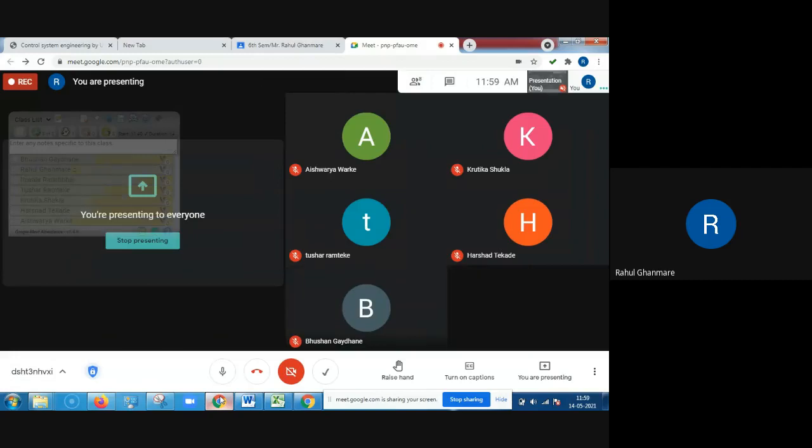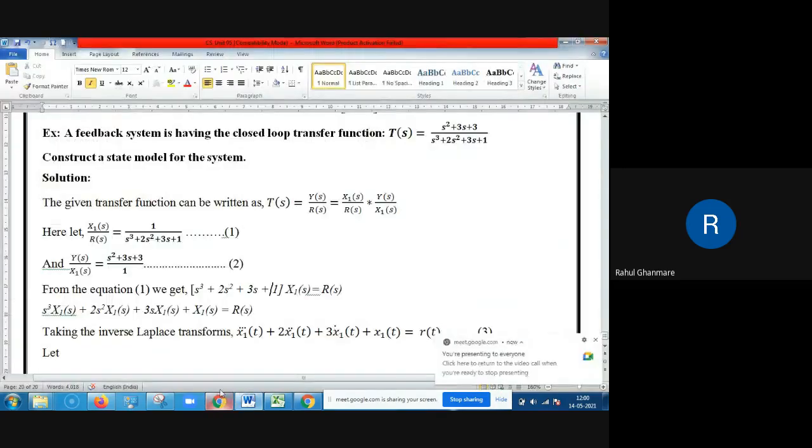Now, what you need to do is convert it into the time domain form. For that purpose, we take the Laplace inverse.